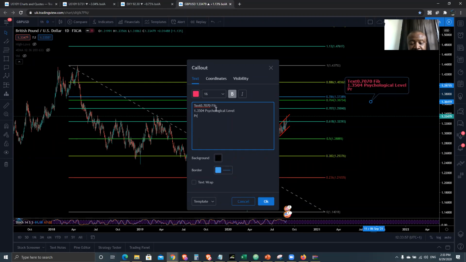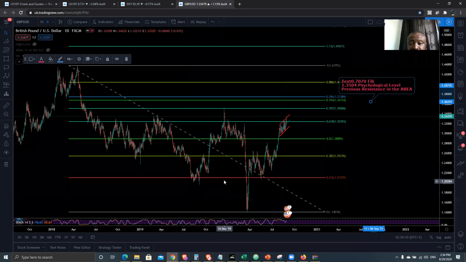We have previous resistance in the area. And what kind of a pattern is this? That is the key thing.